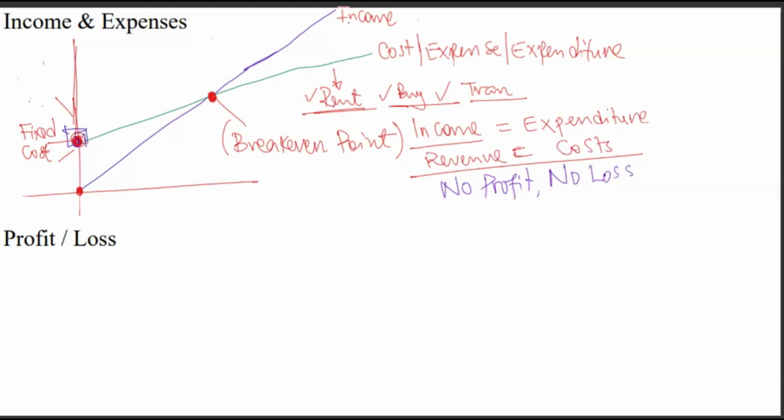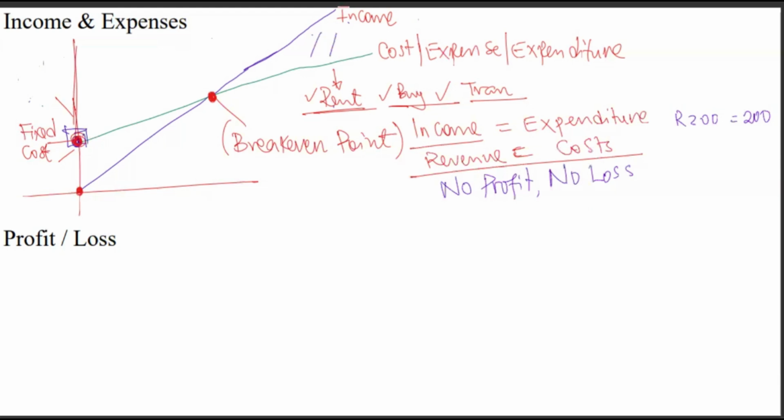That means you invest 200 and you get 200. There's no profit, there's no loss at the break-even point. Then another thing is that it's the point after which one starts making profit.